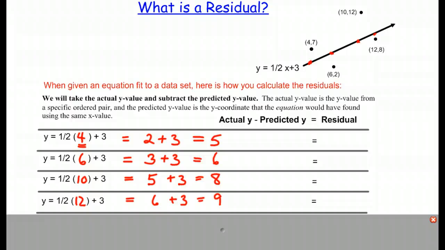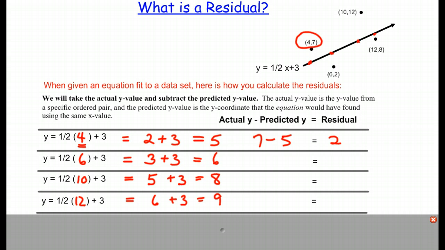That's the real tangible thing that I measured. So the actual y value for when I'm dealing with the point is the 7. So 7 minus my predicted value, which was 5. And that gives me the residual of 2.